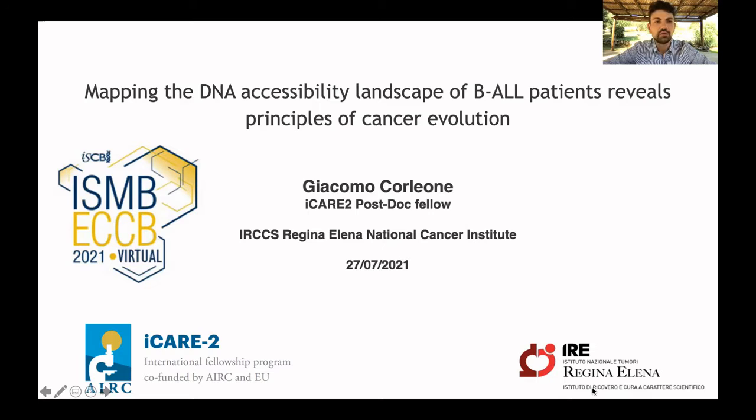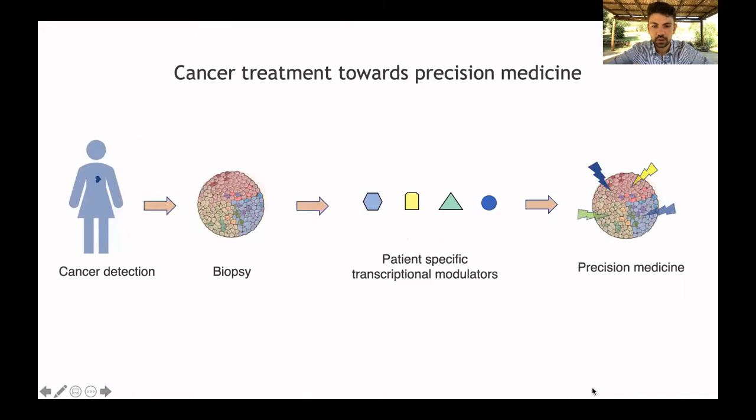Regarding the role of the accessibility landscape in B-cell acute lymphoblastic leukemia, an analysis which revealed principles of cancer evolution. My research aims to identify what are called the patient-specific transcriptional modulators, which are considered the drivers of cancer evolution.